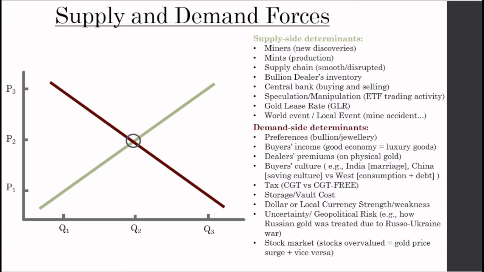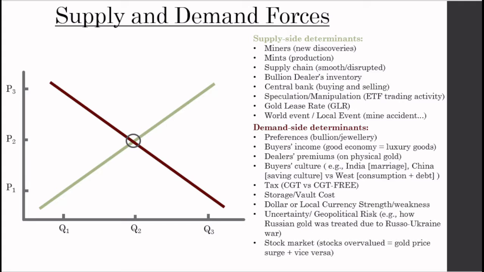In the former case, this happens because hikes in prices incentivize firms to produce more of that good or service in order to increase profit. In this case, gold, produce more gold or sell more gold. And since profit is the measure of success for firms, the more they make, the more successful and larger that firm becomes.